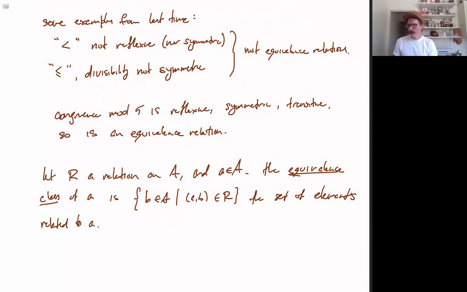So in an equivalence relation, we say that related elements are equivalent, and the equivalence class of an element is just this collection of all the elements that are equivalent to each other.